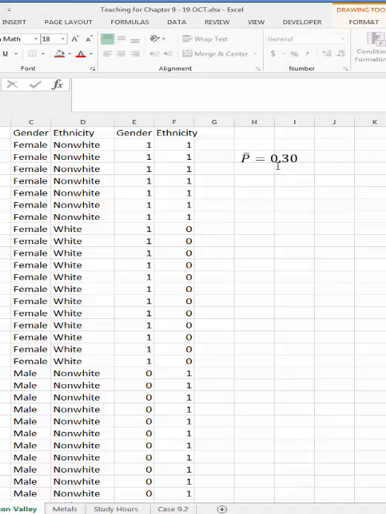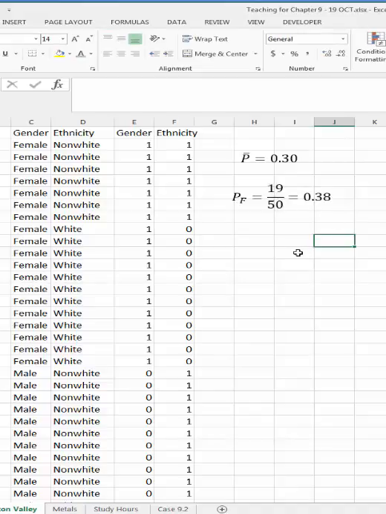Now we also need to annotate our group, which we're looking at first in part A, the females. So we need to compute the percentage of females in the firm. The percentage of females is going to be 19 divided by 50, which is 38%.